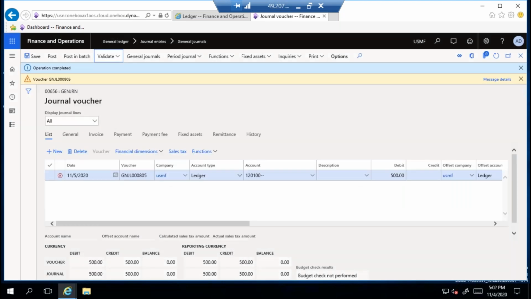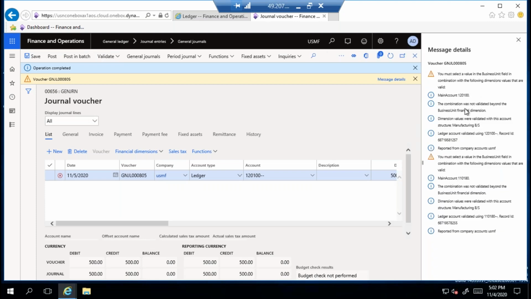It is telling clearly business unit must be filled in. Business unit must be filled in the combination with the following dimensions. So for this account, here it is throwing an error message.